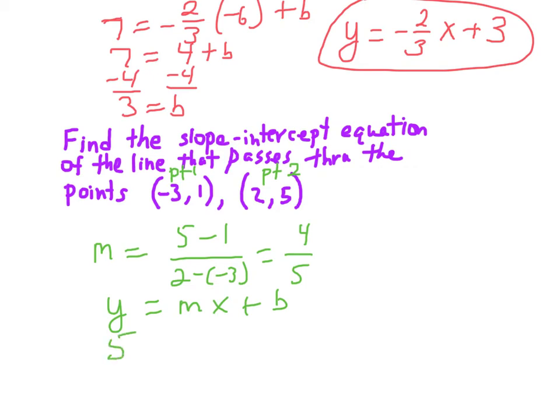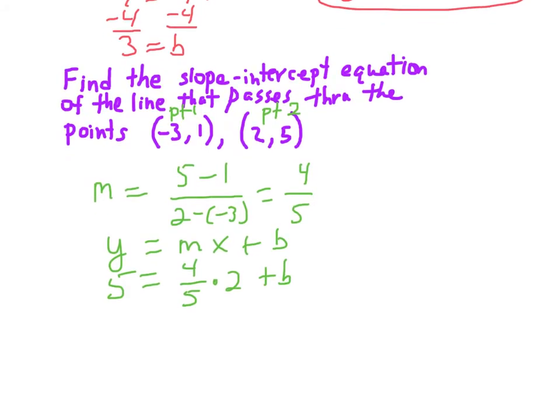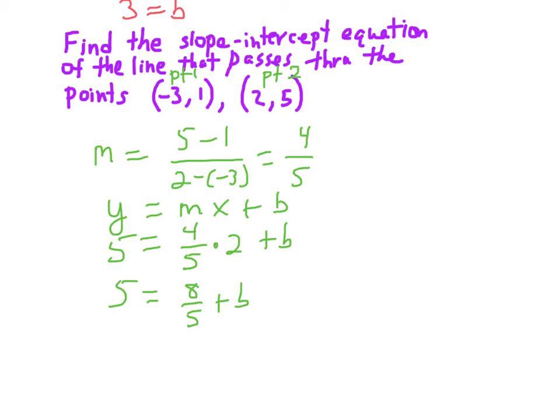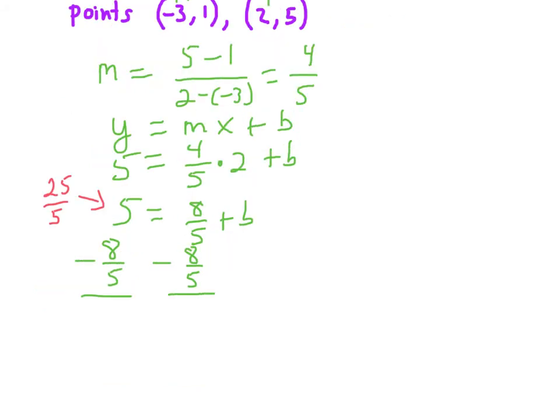So I'm going to say y equals 5, my slope is 4/5, and my x is 2 plus b, and so this will be 5 equals 8/5 plus b, and if I subtract 8/5, remember that 5 is 25/5, so when I subtract 8/5 from 25/5, I'm going to have 17/5 equals b.